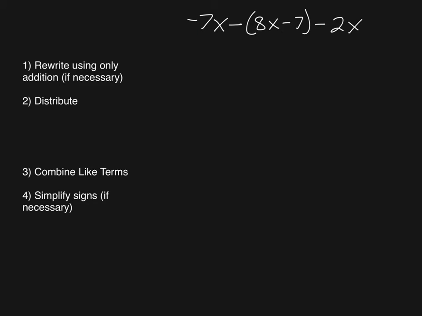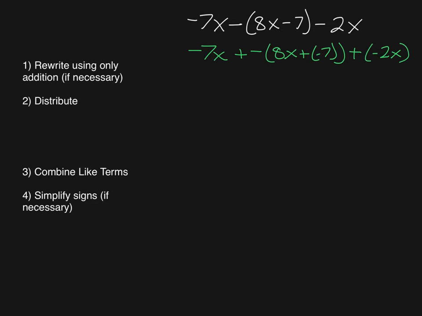So let's start with negative 7x plus, now here we have a negative and then parentheses 8x plus negative 7 plus negative 2x.